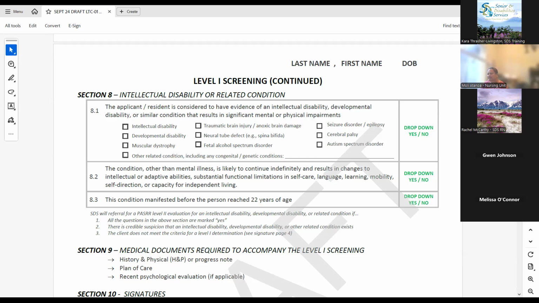So it's not necessarily the screener making a determination that a level 2 is not needed. We're looking to the form to identify that. Does that help answer the question?